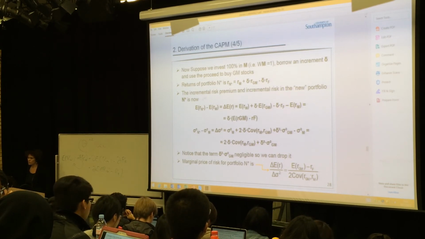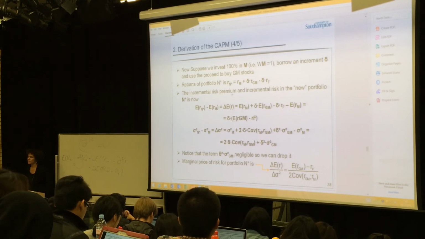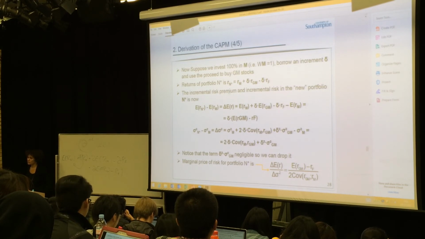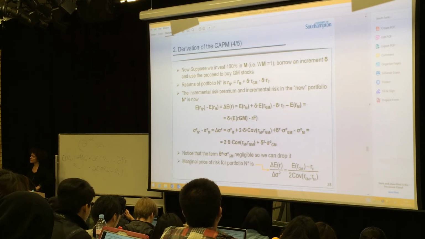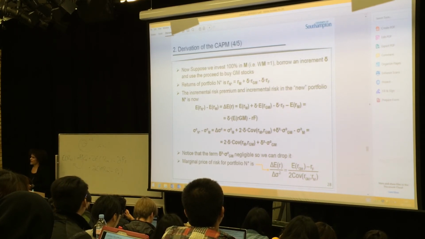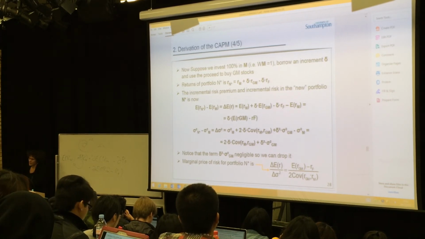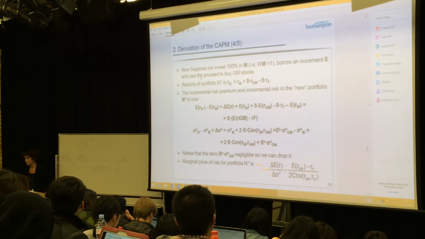So again, I can also understand the incremental risk premium and then the incremental risk. What I want to calculate now is the incremental risk premium and incremental risk of the new portfolio N, where I borrow the money to invest in a single risky asset in addition to the market portfolio.